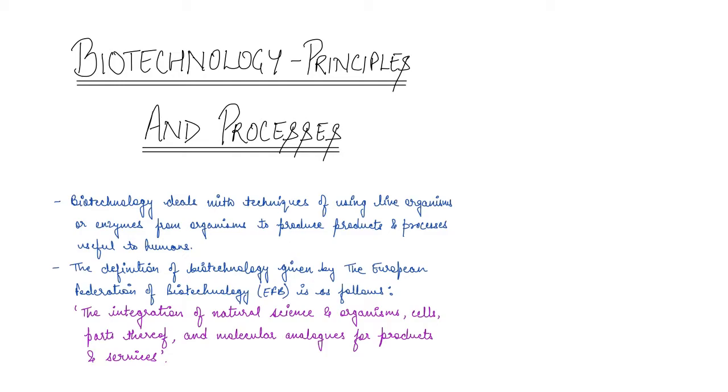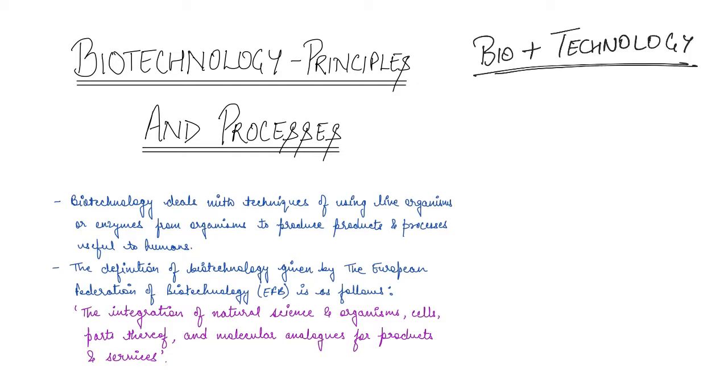So guys, basically what exactly is biotechnology? Let's see that. So if we just break down the word itself, it is bio plus technology, right? So basically it is a branch of science which involves biology and technology both. So basically the techniques that we use, right?